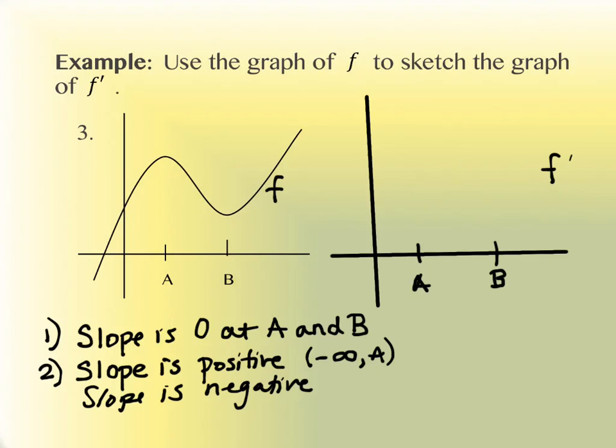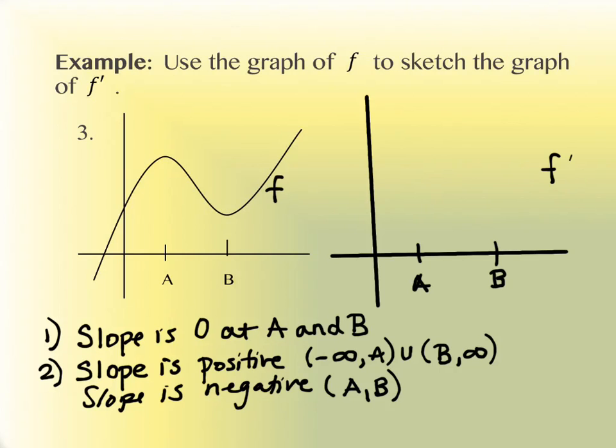Okay, so in particular, I am looking for where the graph's going uphill. I mean, where the graph itself is increasing. But where the graph is increasing is a statement about where the slope is positive. So my slope is positive from negative infinity to A, and then it's positive from B to infinity. Now then, where is the slope negative? Right, from A to B.